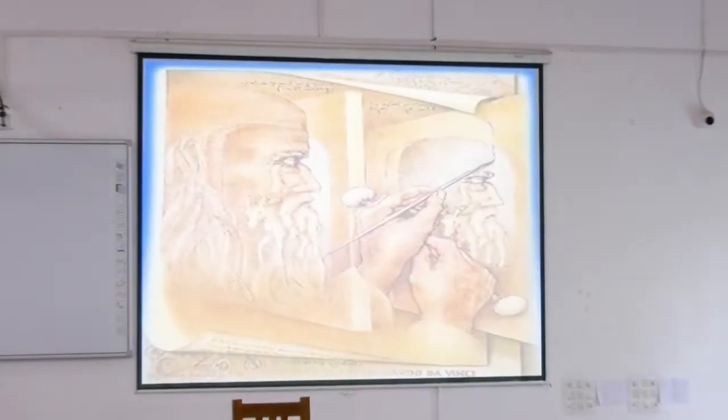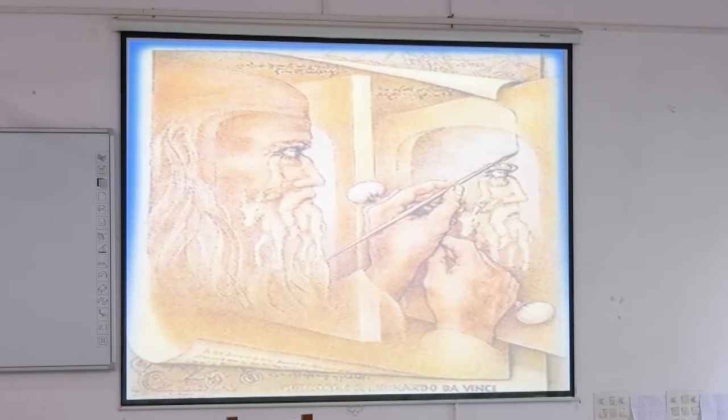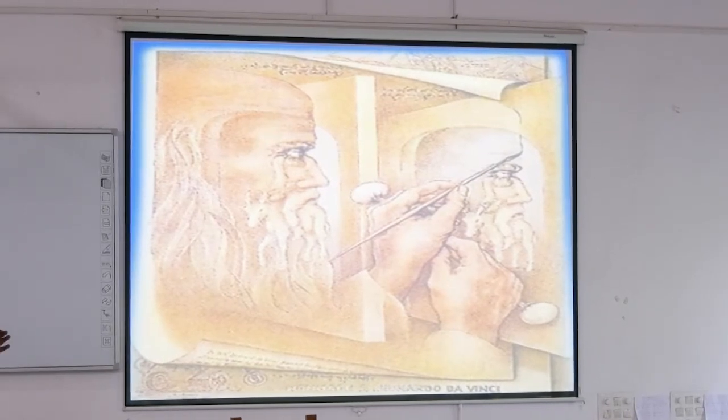Now, this is a famous painter, Leonardo da Vinci, also a scientist, anatomist, with architectural drawings. He is famous. You just go into Google, search Leonardo da Vinci, and see his self-portrait.